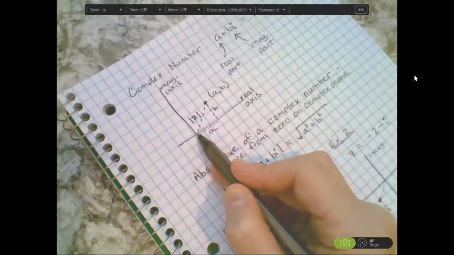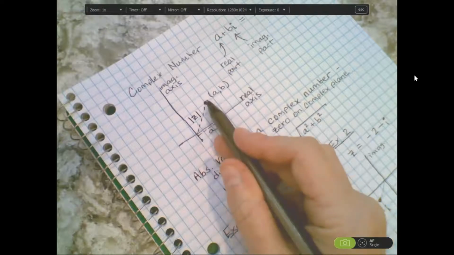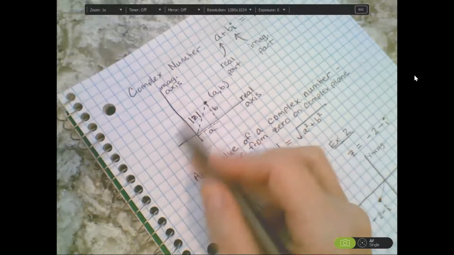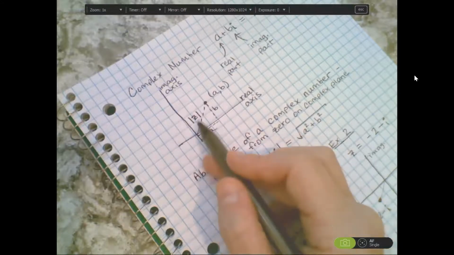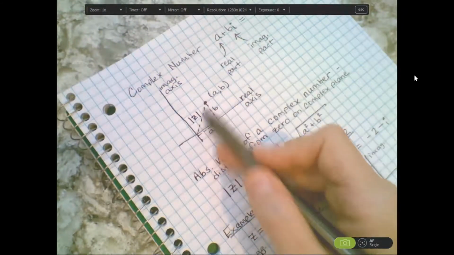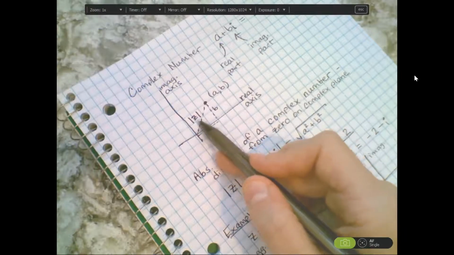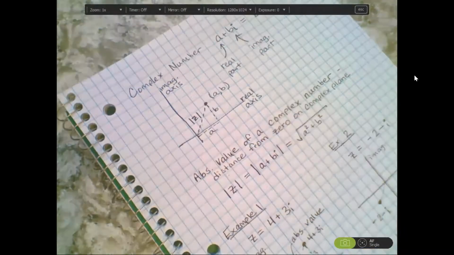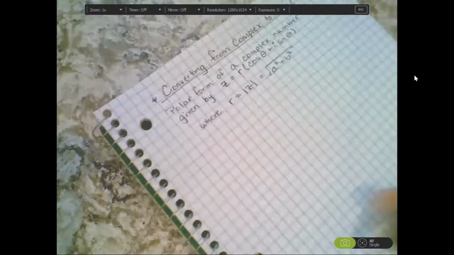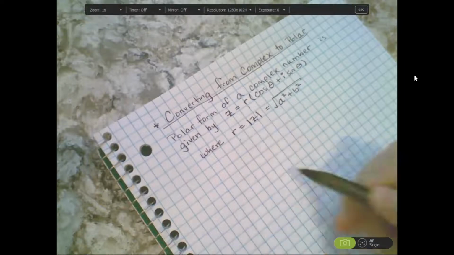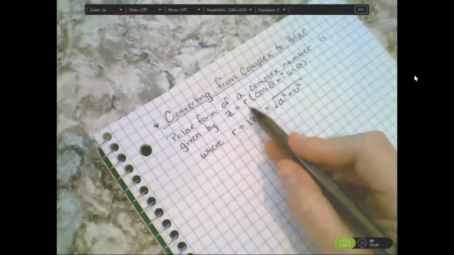The r value was how far out are we moving from the origin, or how far out are we going from the pole? Once we found the right angle that we needed, we found our angle, and then we would go out so many rings on our graph, right? So it should make sense to you that the r value and this absolute value of z kind of measure the same thing, right? We're starting and we're measuring out from the origin or from the pole. So hopefully it makes sense that those two things kind of go along together. So that's how we're going to find the r value that's going to go here.